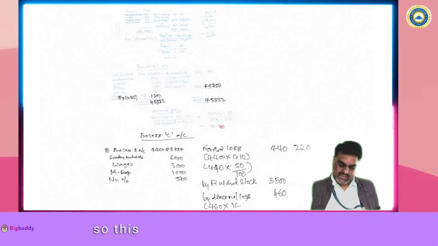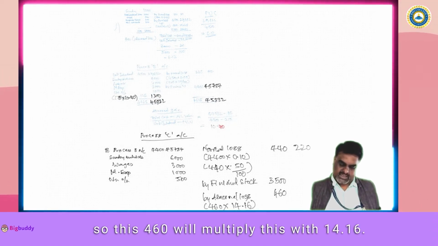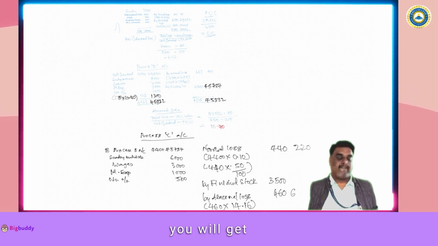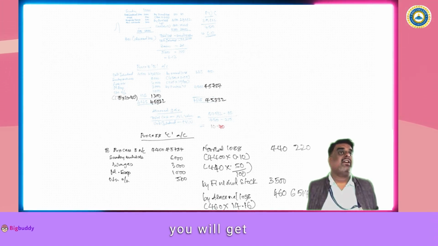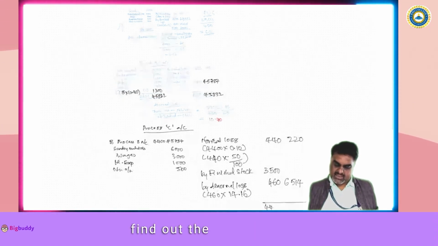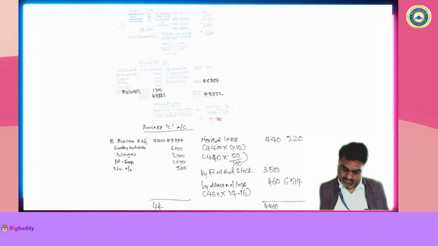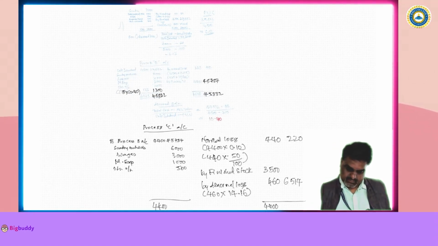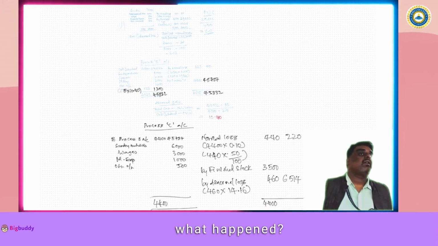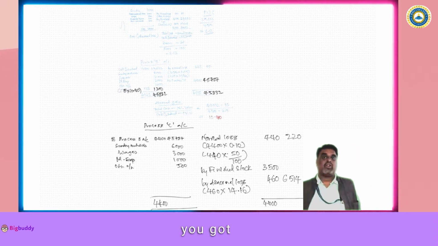So this 460, will multiply this with 14.16. How much will you get? 6,514. Find out the balancing figure. What happened? Got 15.2.